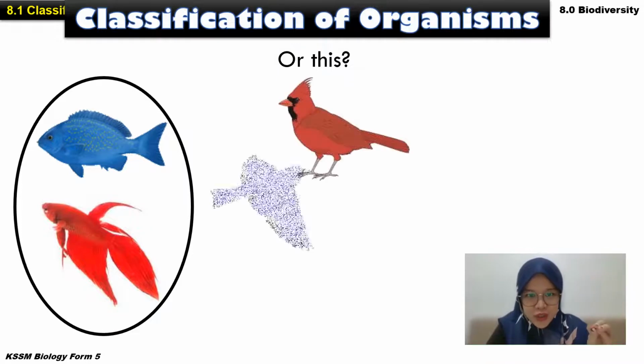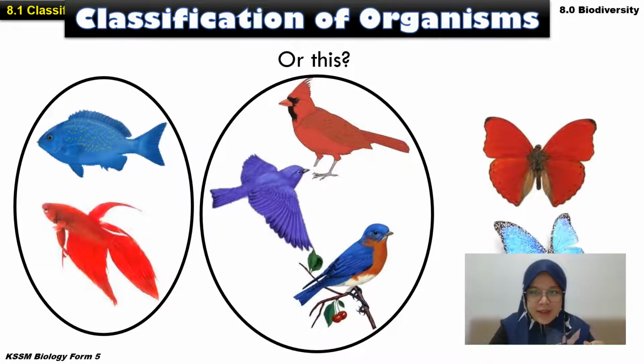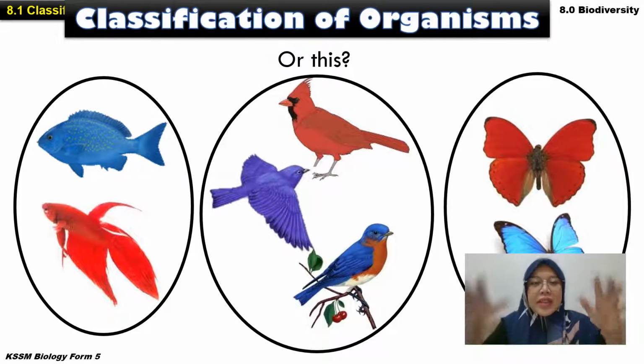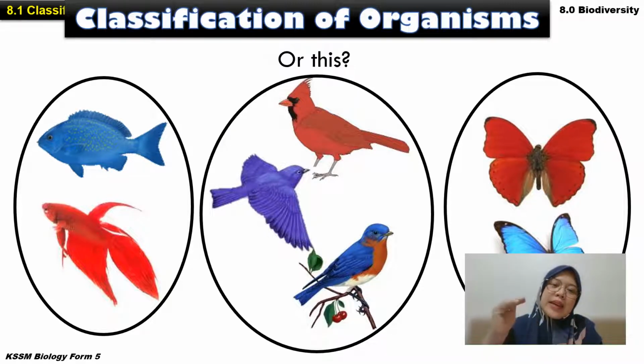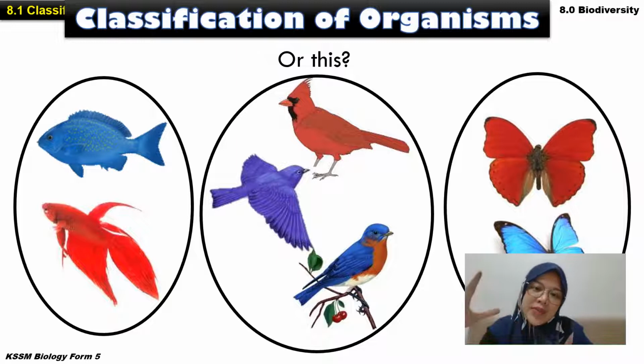Fish and fish. Bird and bird. Butterfly and butterfly. So is this the correct way? Yes. Is it the wrong way? No. So is it the only way? No. Sebenarnya ada banyak cara for doing classification. Okay, tapi kita kena tahulah in what terms we classify them.